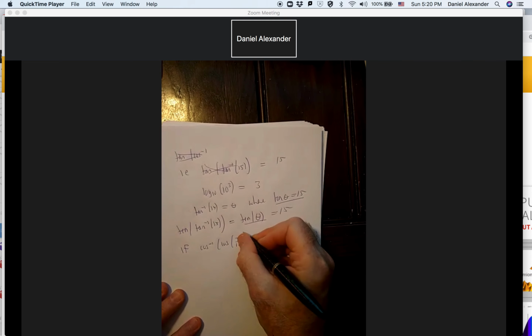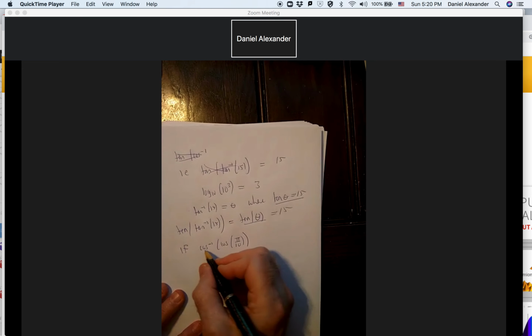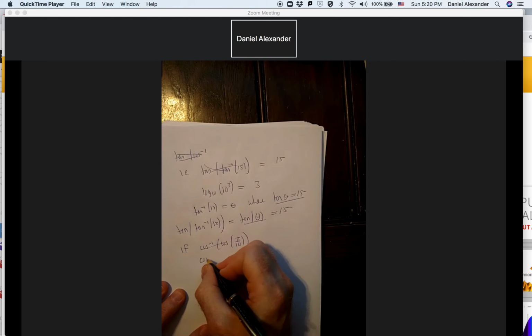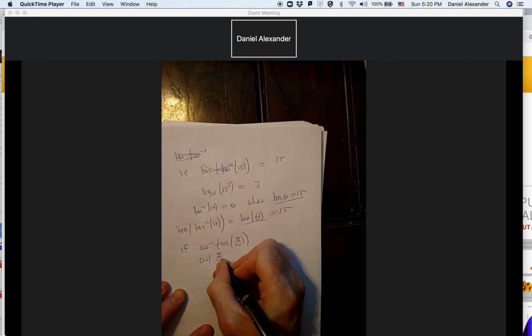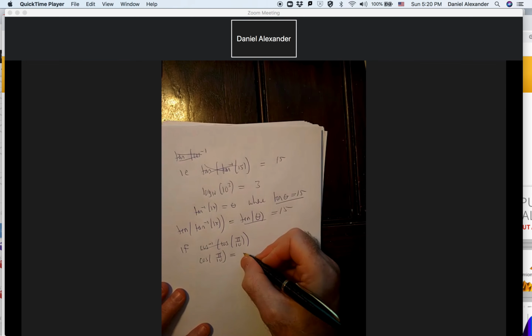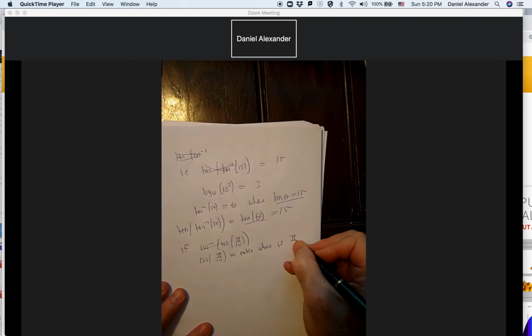We don't know what the cosine of pi over 10 is, but they're going to cancel. Again, I'll go through the theory. The cosine of pi over 10 is equal to a particular ratio whose angle is pi over 10.